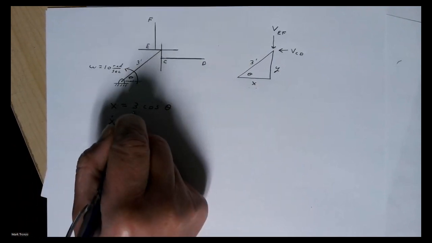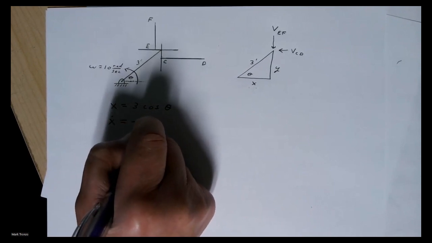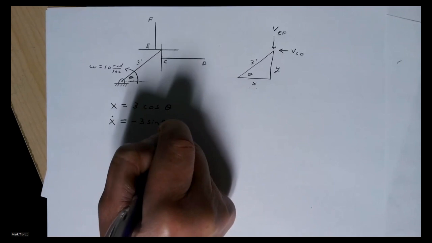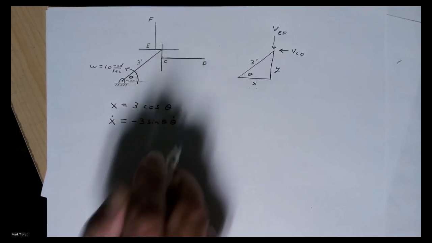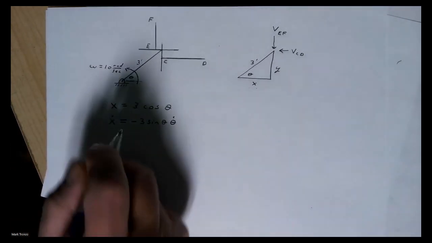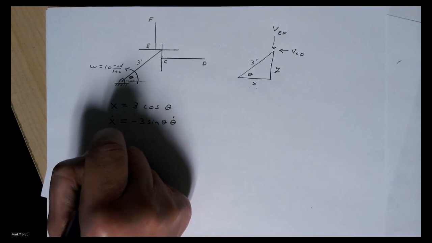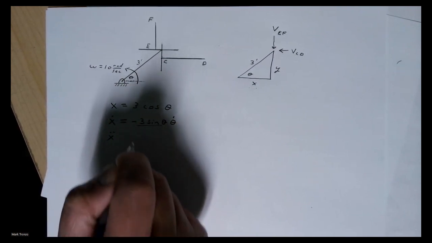Theta dot, the derivative here is going to be negative 3 sine theta. Then again, this is implicit derivative, so the derivative inside has that. Then we'll have the second derivative, the derivative of the first.